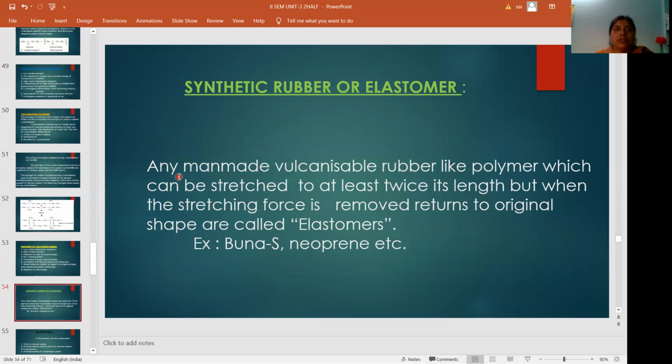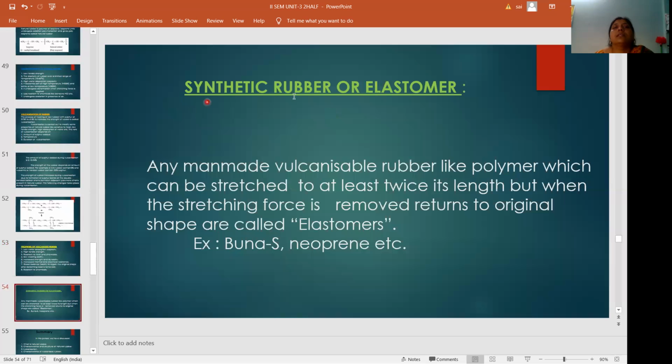So up till now, we studied natural rubber and vulcanized rubber. Then synthetic rubber or elastomer, also called artificial rubber. That means it is not obtained from trees or from vulcanization; it is artificially prepared.